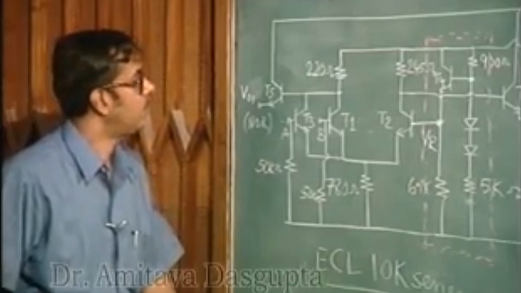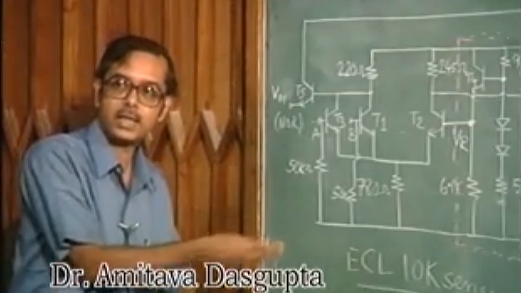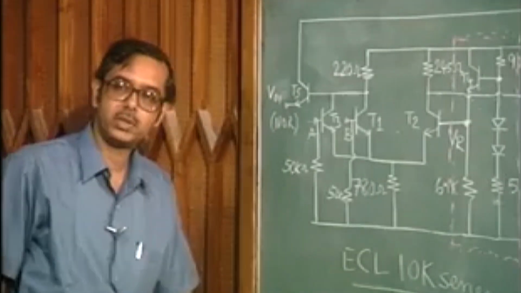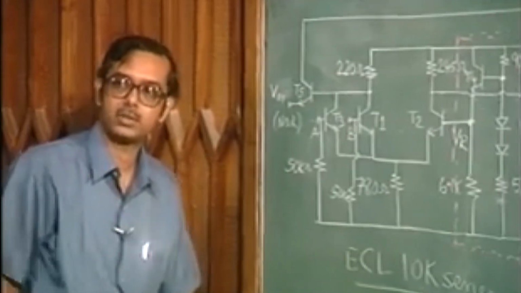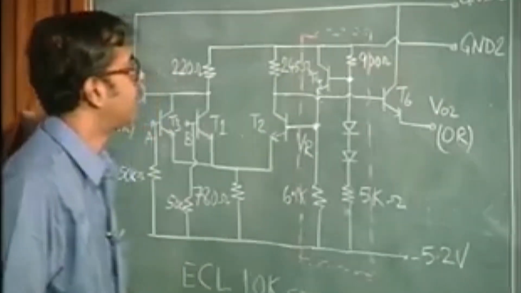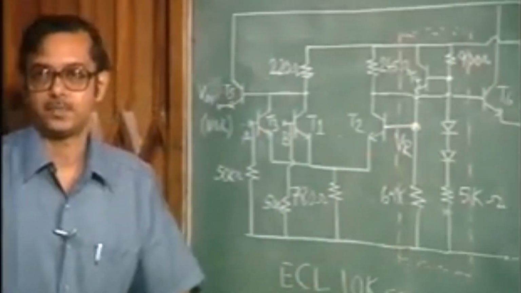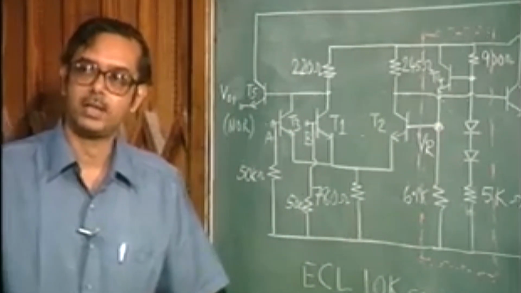With this background we can start our analysis of this circuit and see how the input output voltage characteristics look. First let us see what is the value of VR, the reference voltage. That is what we must find out.